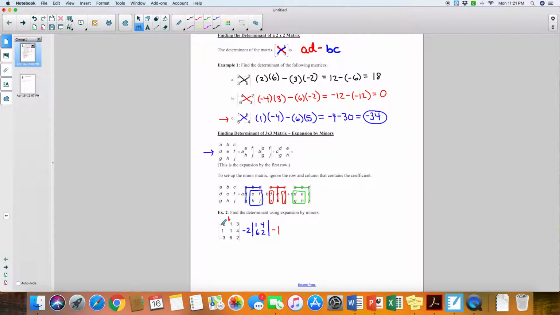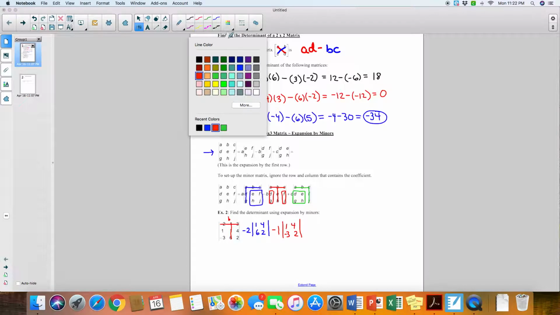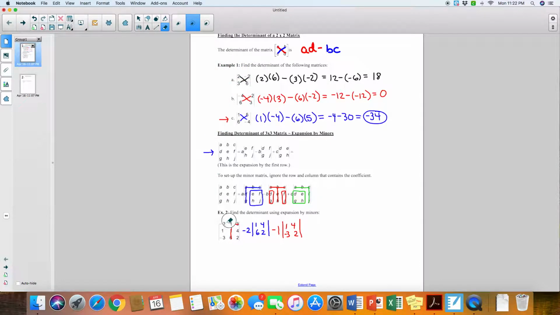Then to get the minor, I would erase the first row that B is on. I would also erase the column that B is on. The matrix that is left is going to be 1, 4, -3, and 2. And then we have green. Let's erase there.